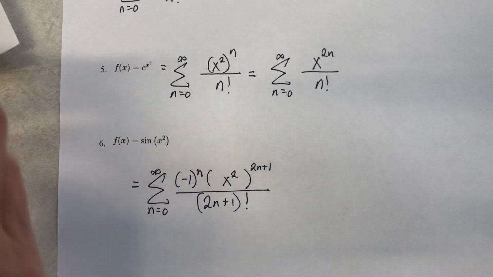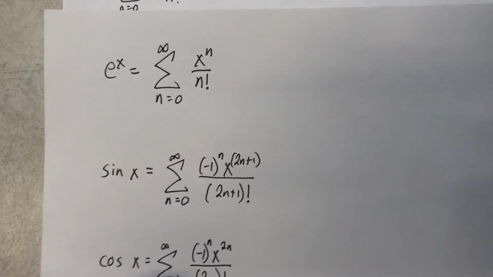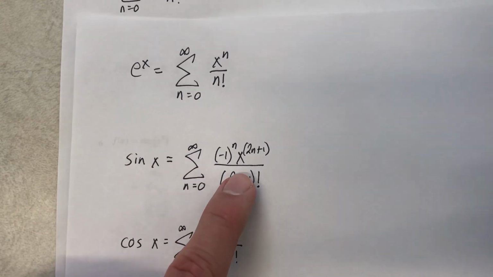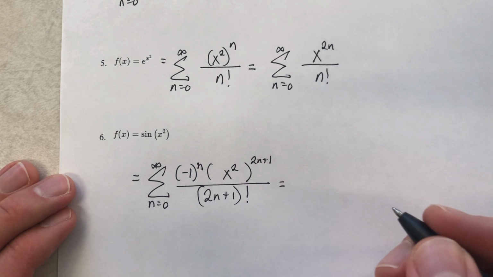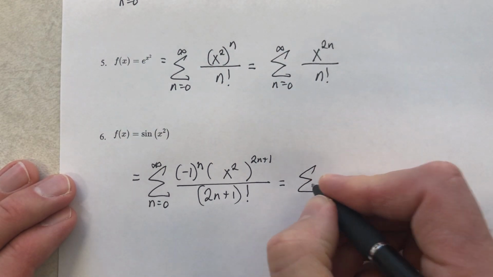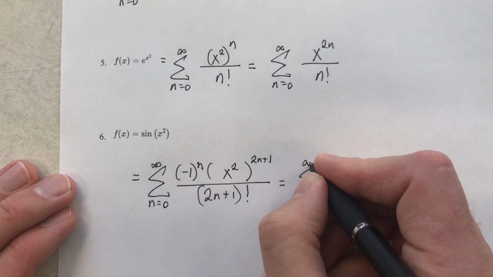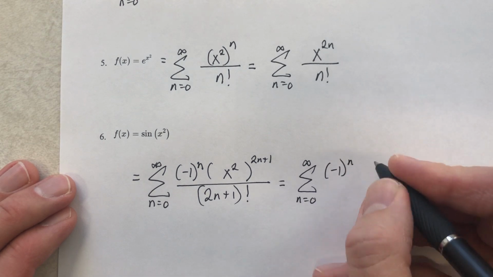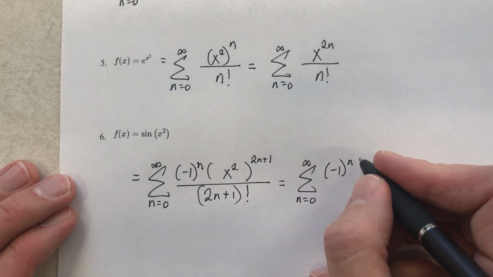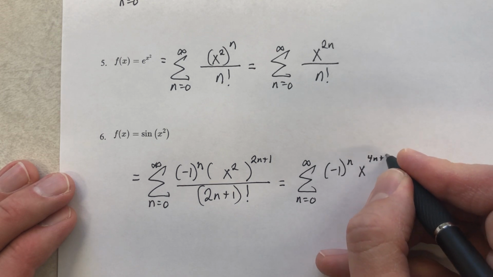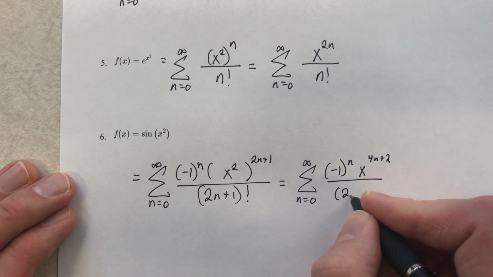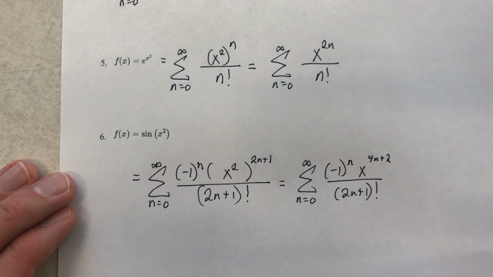There we go. Notice this. This is what I just wrote, but instead of x, I put x squared. If you want to get technical about it, we can use the properties of exponents and multiply these two exponents together, and we would have x to the 4n plus 2 over 2n plus 1 all factorial.